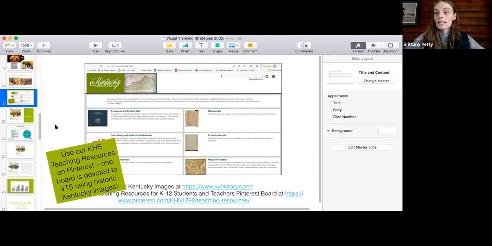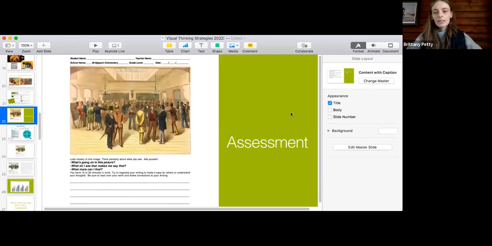So let's talk about assessment, right? We're teachers. We've got to assess it. We've got to know, is this helping, right? So an assessment that we did, because we did want to make sure that VTS was helping. We did a little bit of research, and this is what an assessment could look like.